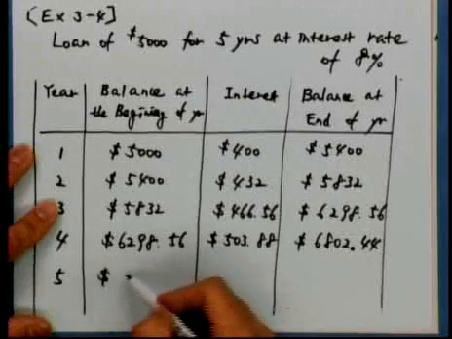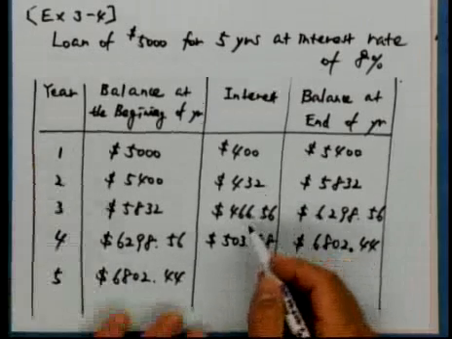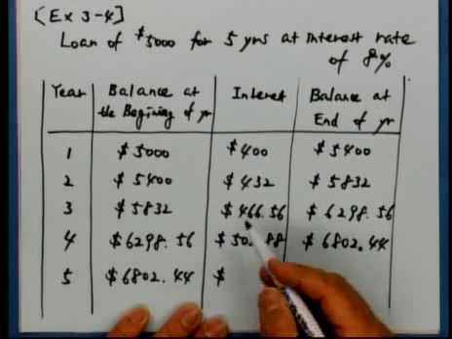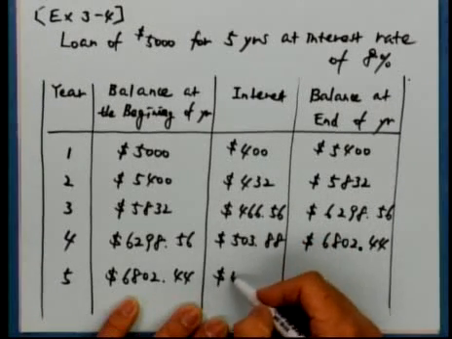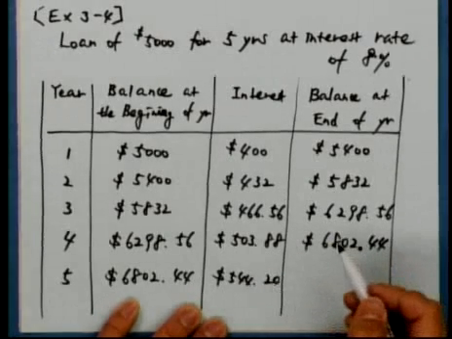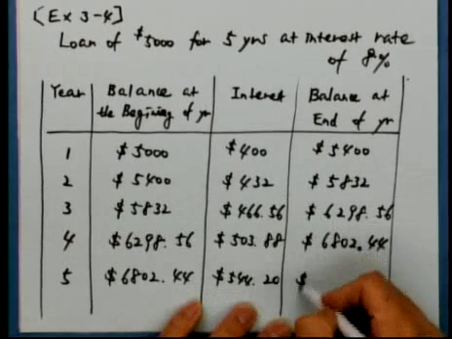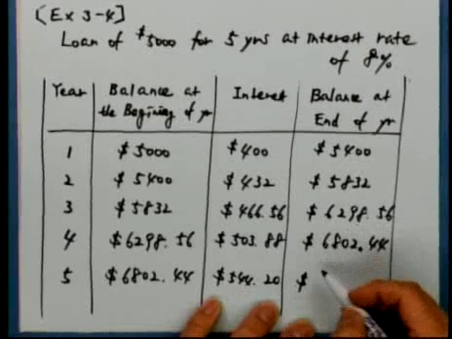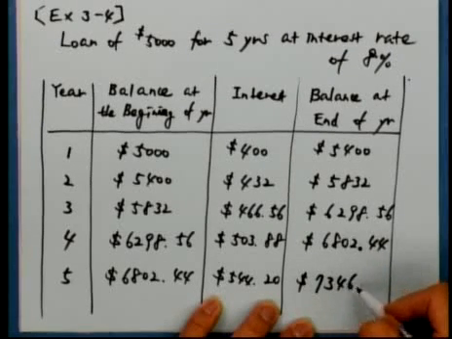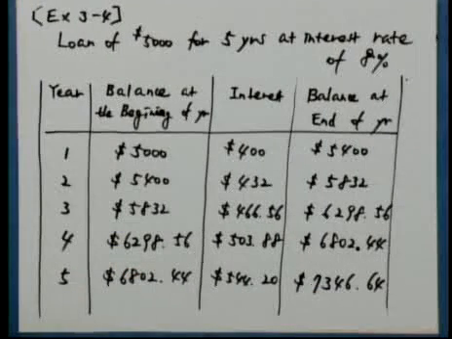And starting from $6,802.44, the interest during year 5 would be $544.20. And the balance at the end of year 5 would be $7,346.64.